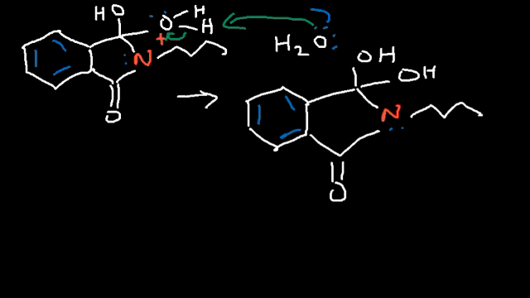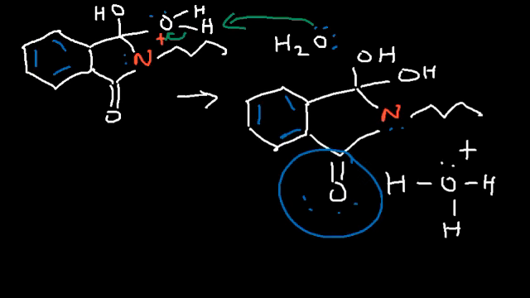So now that the water molecule has acquired a hydrogen, it's now in the form of H3O+. Now, in order to break the ring, we need to activate the carbonyl group. And to activate it towards a reaction, we need to protonate it with a hydrogen.